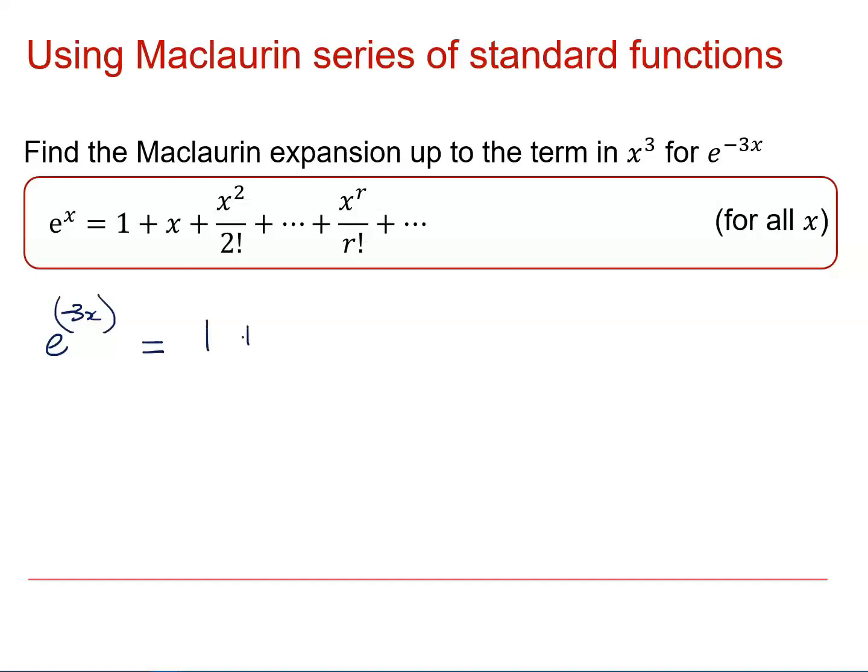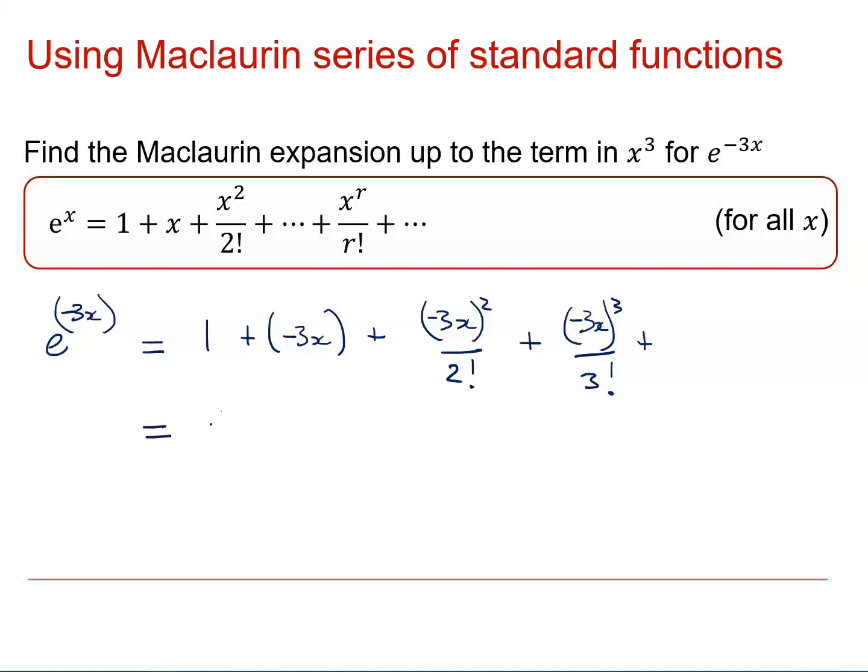So I'm going to get 1 plus -3x plus (-3x) squared over 2 factorial plus (-3x) cubed over 3 factorial, and I can go on generating terms for as high as I like. The next one would be (-3x) to the power 4 over 4 factorial and so on. I don't need any more than that because I've been asked for terms up to x cubed, and this is the last term that will have any x cubes in it.